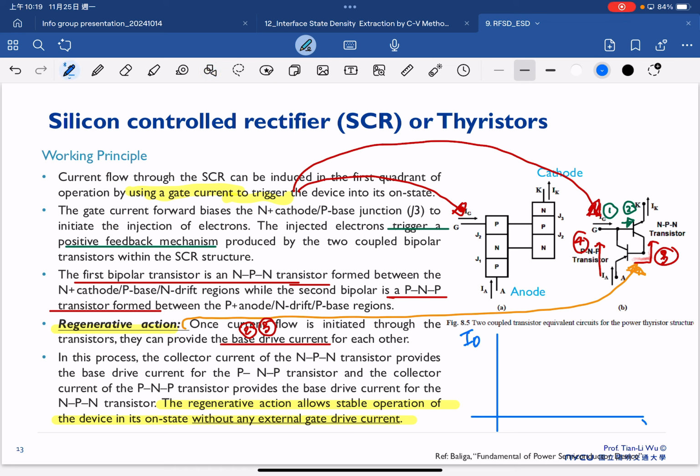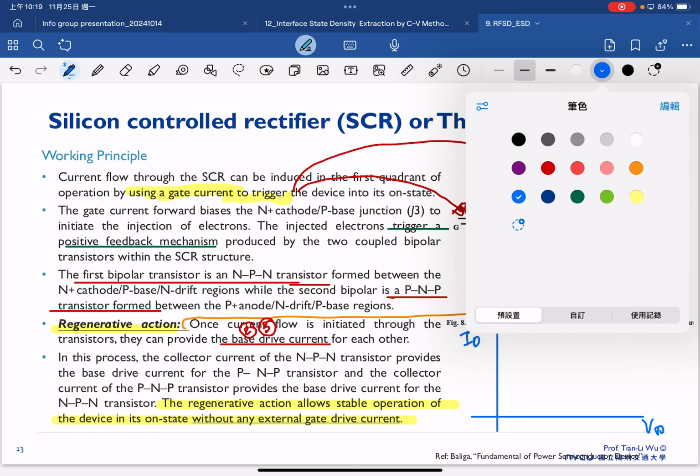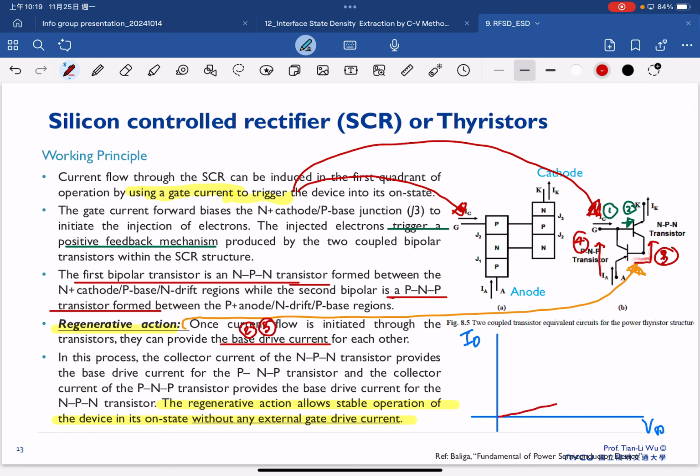So if you look back at the issue we have been seeing in our ESD, once we have very high ESD pulses at one moment, if we suddenly trigger this SCR, we start to see the current shooting.